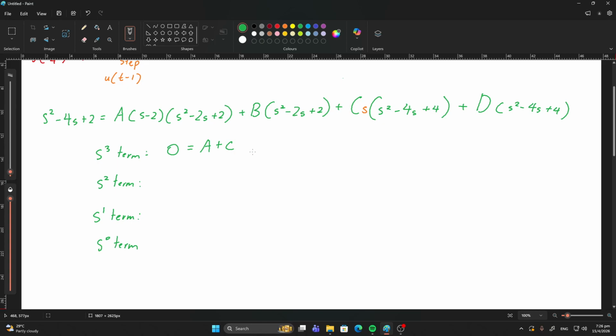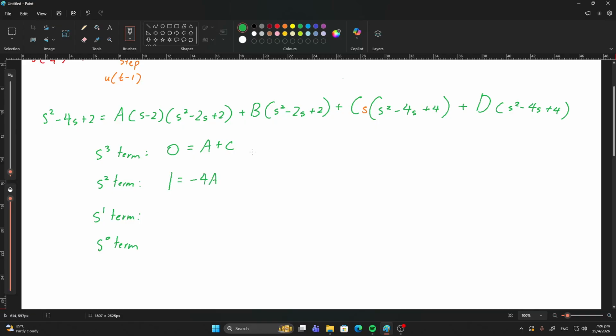S squared term, on the left we have a 1. On the right we have s times minus 2s plus minus 2 times s squared. You cannot visualize it. This and this, this and this. Alright, so I'm just going to write this shortcut down.